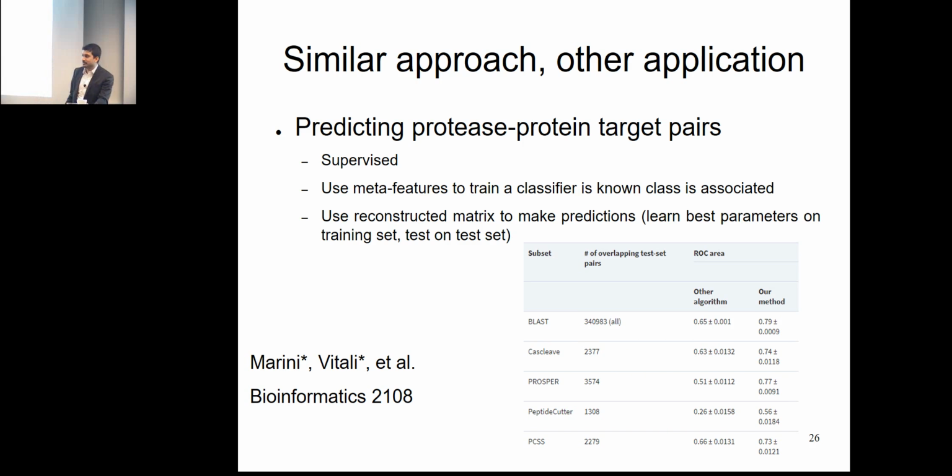Most of the state-of-the-art algorithms have a different model to be trained for each protease, or maybe they work for protease families, or maybe they work for target families. But with this approach, I could have a truly general model, predicting targets for any protease, and most importantly, it works better than other state-of-the-art algorithms, even on their specific target sets.